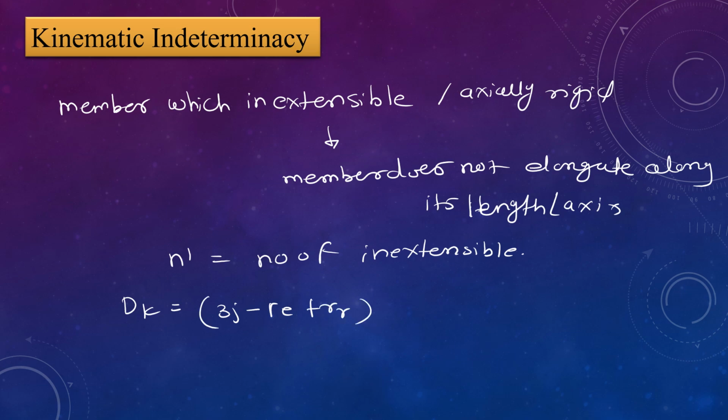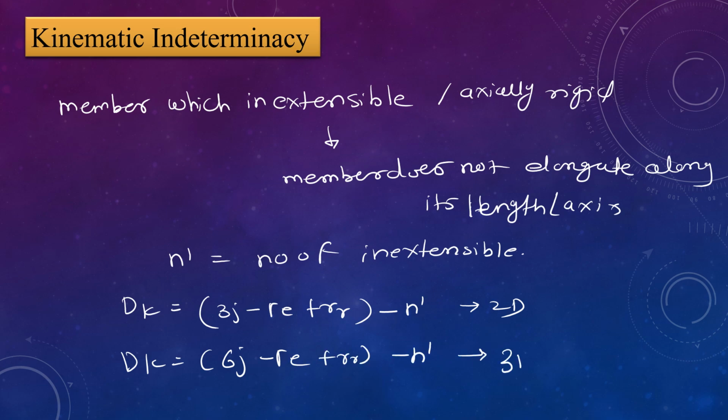This is the formula for a 2D structure in case of beam and frame. To calculate this dk, just minus this n dash, in case of 2D. And the same in case of 3D: 6j minus (re plus rr), just minus n dash from this formula. So you get the formula for 3D beam and frame when the members are inextensible. This is also an important formula.